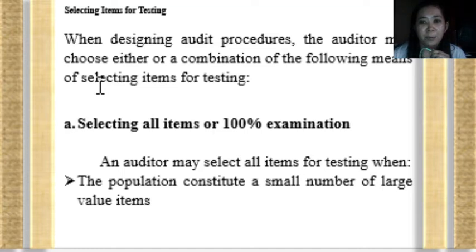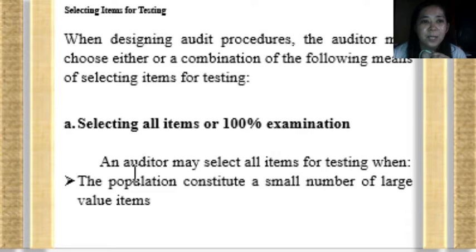First, as mentioned earlier, the auditor is allowed to evaluate a portion, but if the circumstances allow, the auditor can select all the items for examination, meaning he can select 100% of the items, so he can evaluate everything.